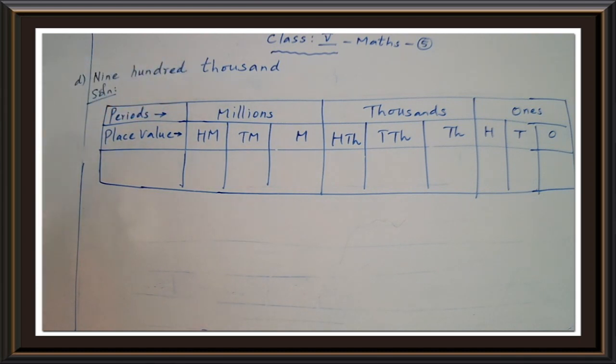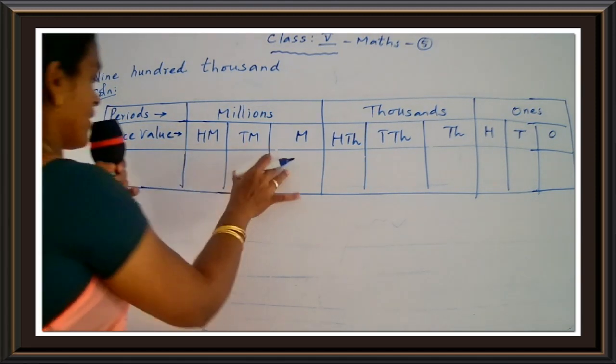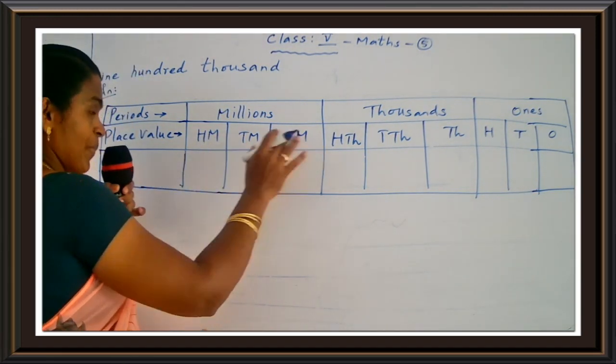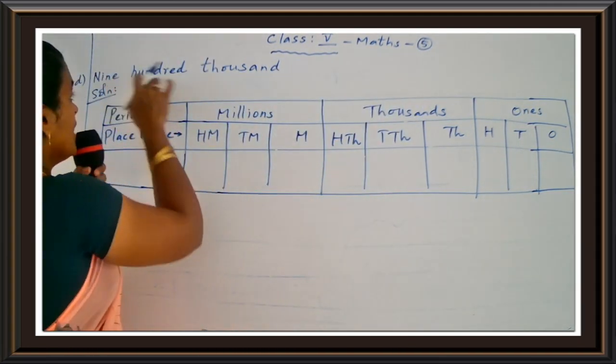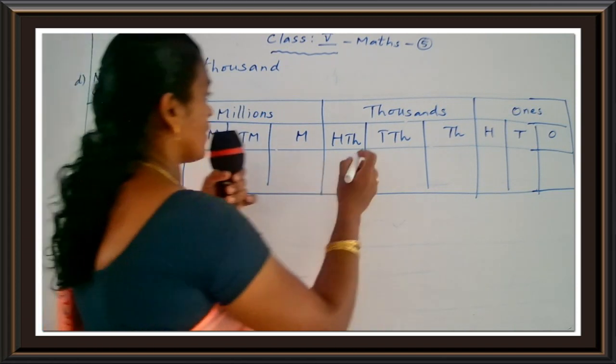900,000. Here the millions period is not there. Only thousands period, that is 900. So millions period not there, so you leave these periods. Next you come to thousands. What is given? 100,000 is given.